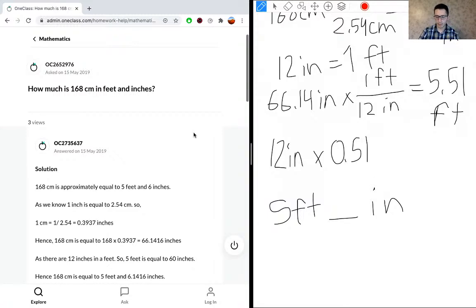So to calculate what that something is, we take 12 inches, that's how many inches are in a foot, and multiply that by 0.51, the remaining amount. 12 times 0.51 gives us 6.12. So we can say it is 5 feet and approximately 6 inches.